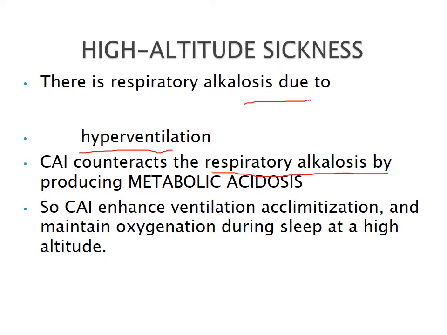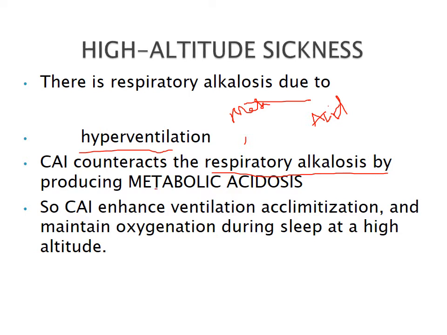Whenever there is an alkalosis, there is a compensatory effect. The body tries to adjust that by causing metabolic acidosis, which is the opposite. So the body tries to produce metabolic acid.